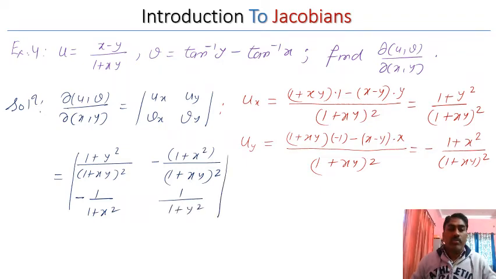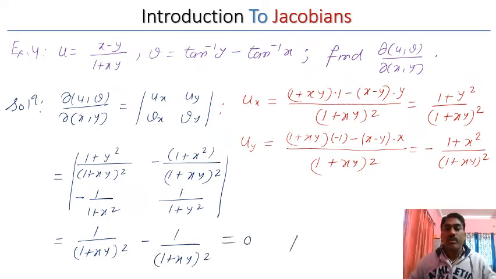You can open it. It will become 1 by (1 plus xy) whole square minus 1 by (1 plus xy) whole square, and that is finally 0. So our Jacobian is 0.